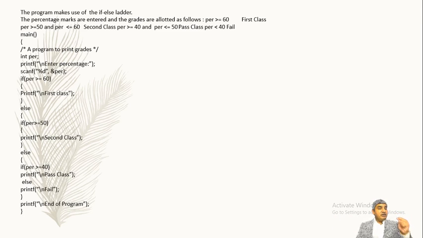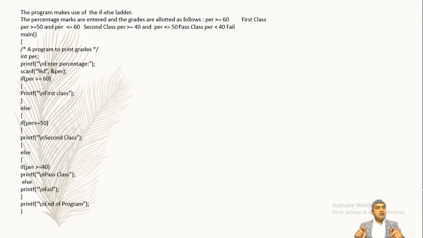But if the percentage greater than or equal to 60 condition is false, else, now check the second condition. If percentage is greater than or equal to 50, if this is true, then display on the screen second class, by using the printf function.